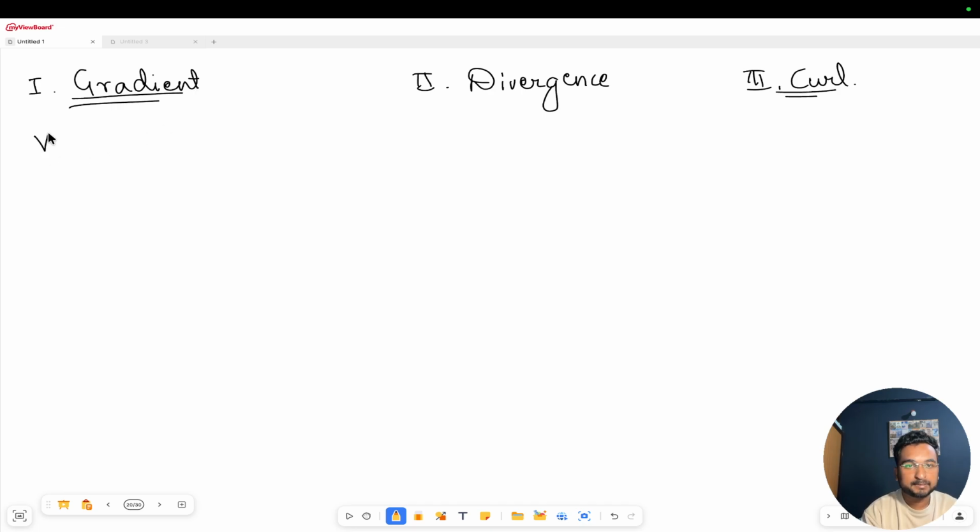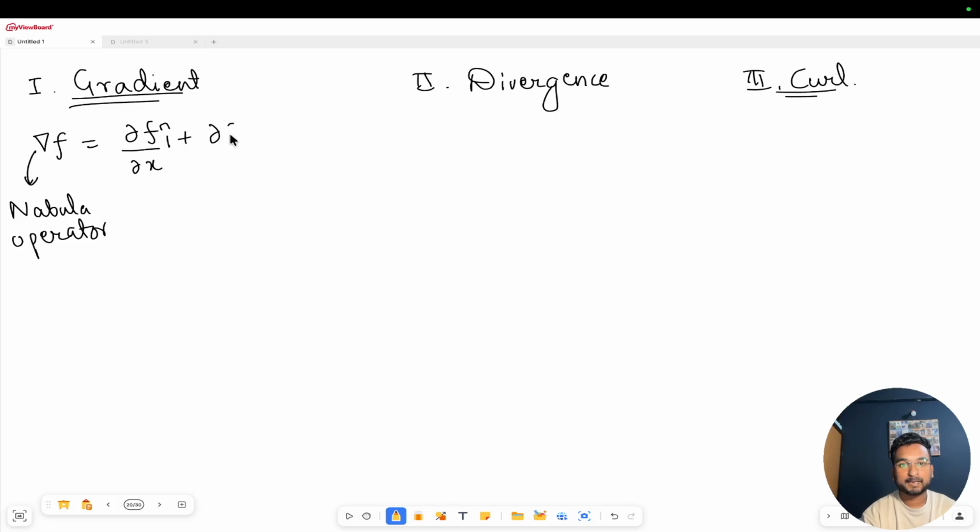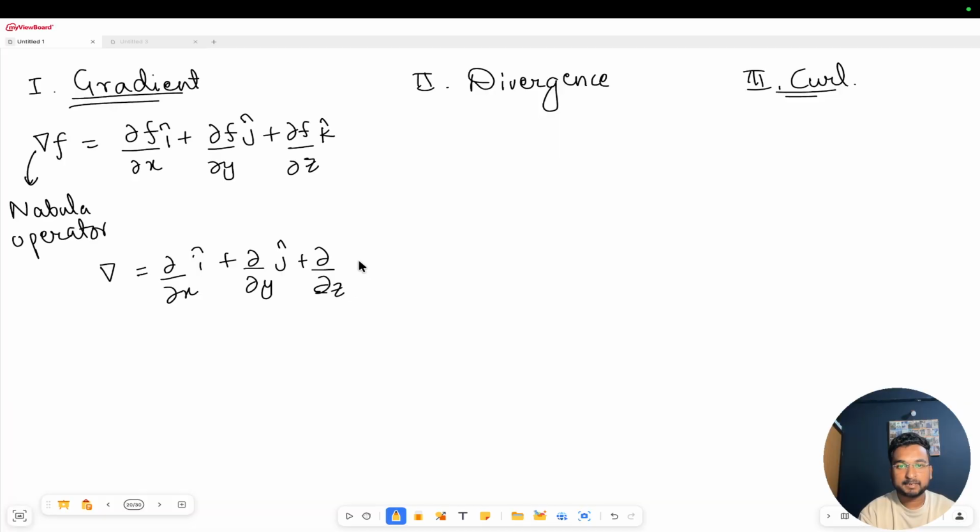So divergence is del dot f. This operator is known as grad or nabla operator. The value of gradient is del f by del x i cap, del f by del y j cap, plus del f by del z k cap, where your nabla operator is del by del x i cap, del by del y j cap, plus del by del z k cap.